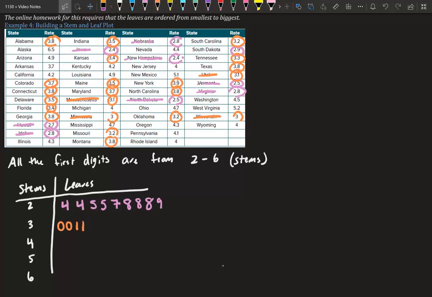Alright, let's see if we have any 3.2s. We do. We have 3 3.2s. Let's see if we have any 3.3s. We do. We only have one 3.3. And then 3.4, we have 2 3.4s. 3.5s, we have 3 3.5s.